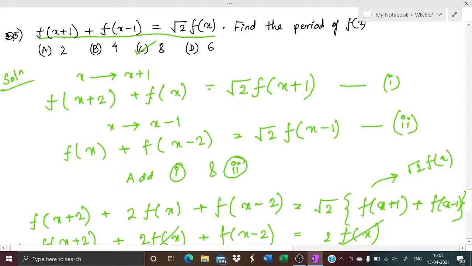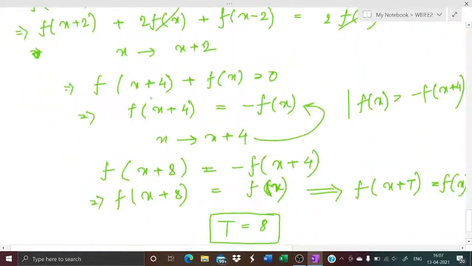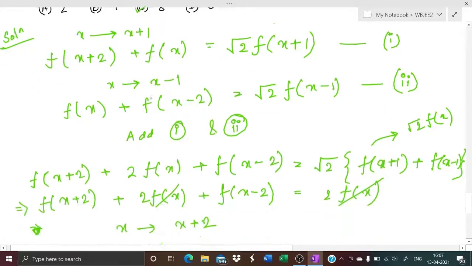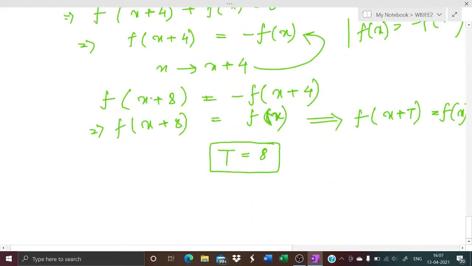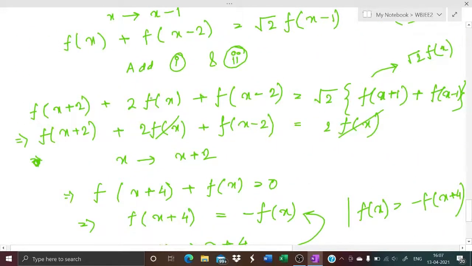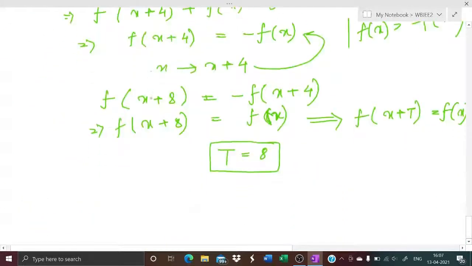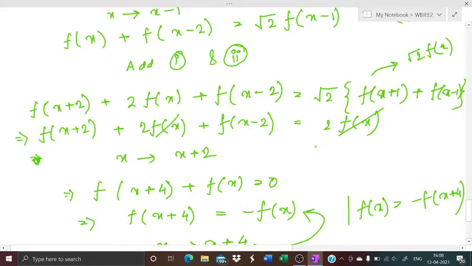That is a big challenge, because practicing 75 questions in 2 hours needs a lot of practice. As you can see here, I have reduced the equation so that I can get the function in the form of f of x plus T equals f of x. All this comes from practice purely. The answer is option C.